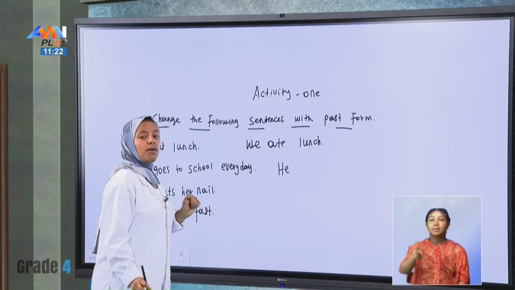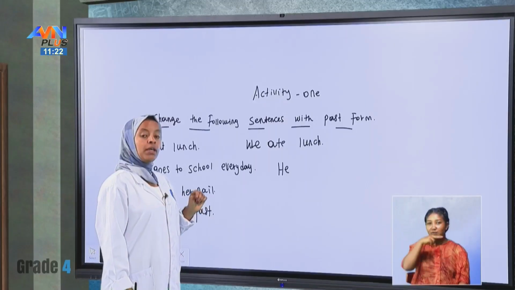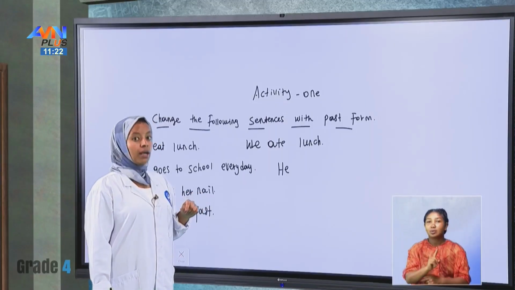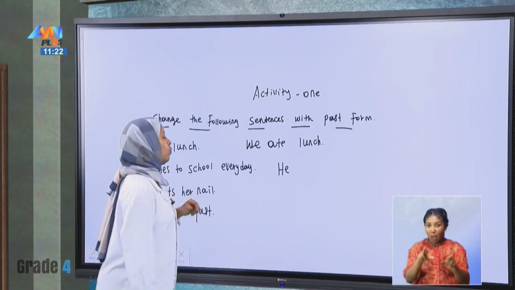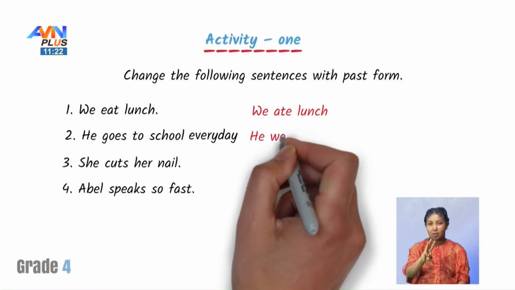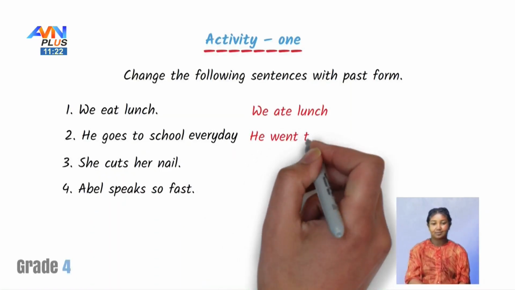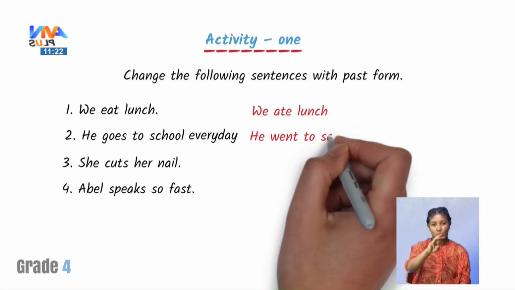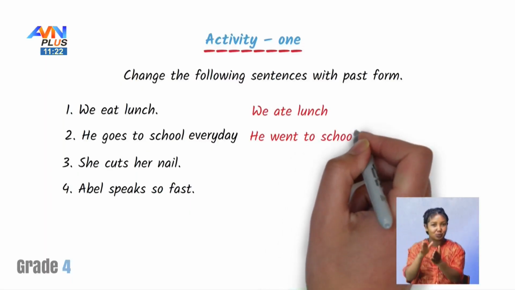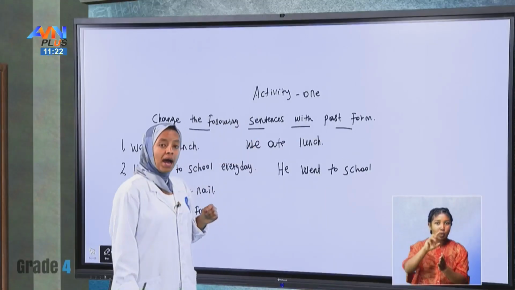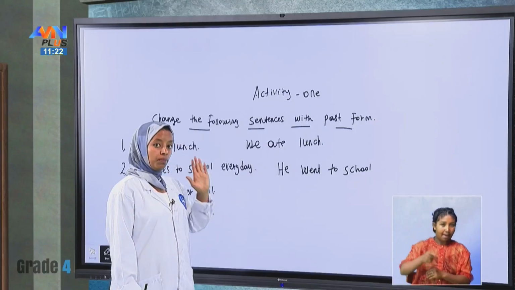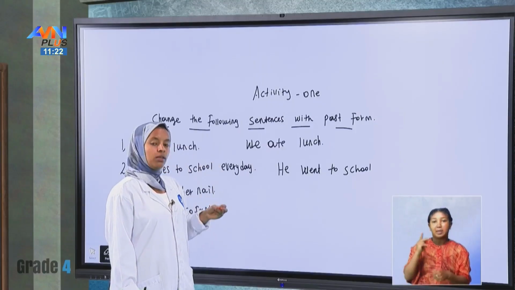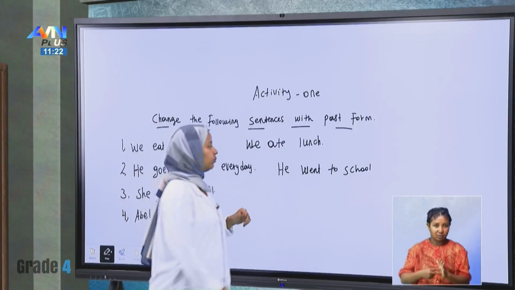The past or V2 form of go is an irregular verb, went. He went to school. Let us use past time, that is completed already. We can say yesterday.